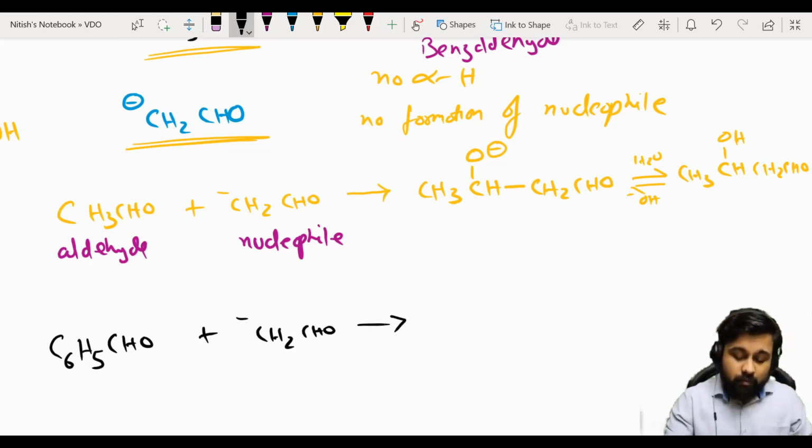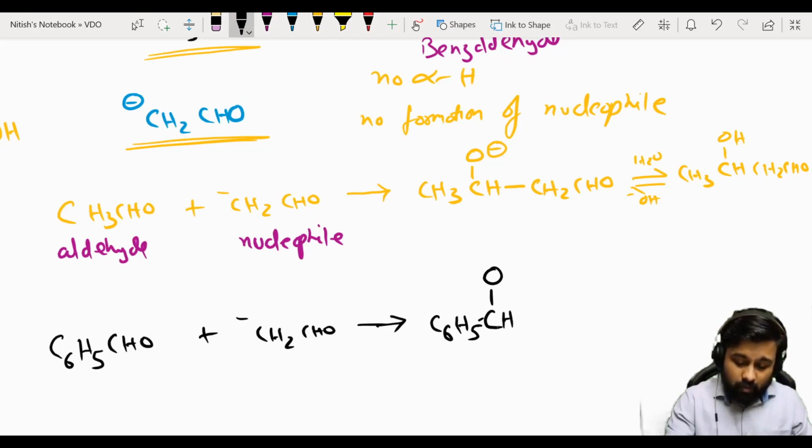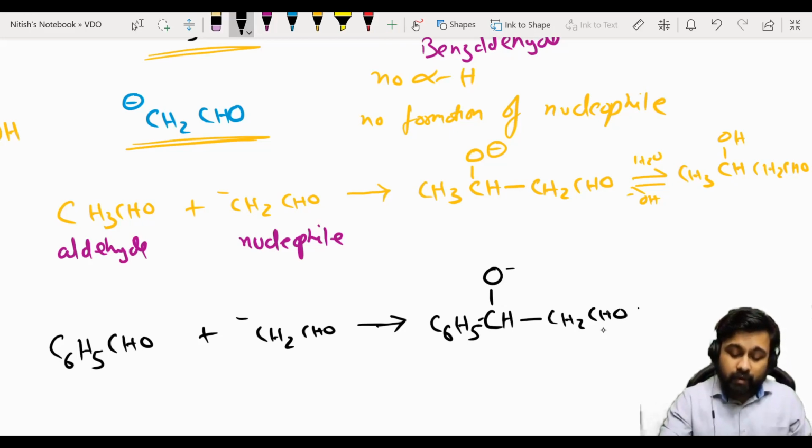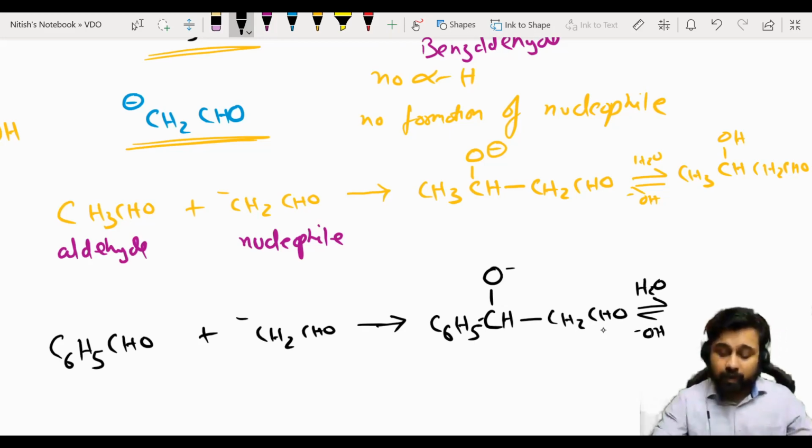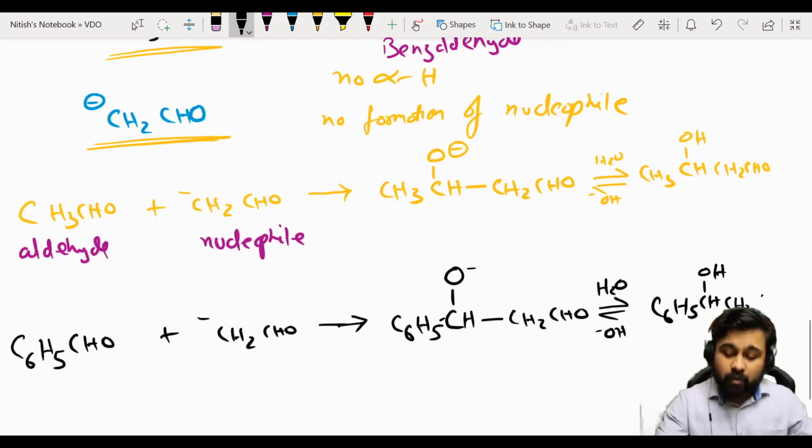So when we write the product, write the aldehyde C6H5CH single bond O negative, then the nucleophile CH2CHO. This gets a proton from the solvent to form C6H5CHOHCH2CHO.